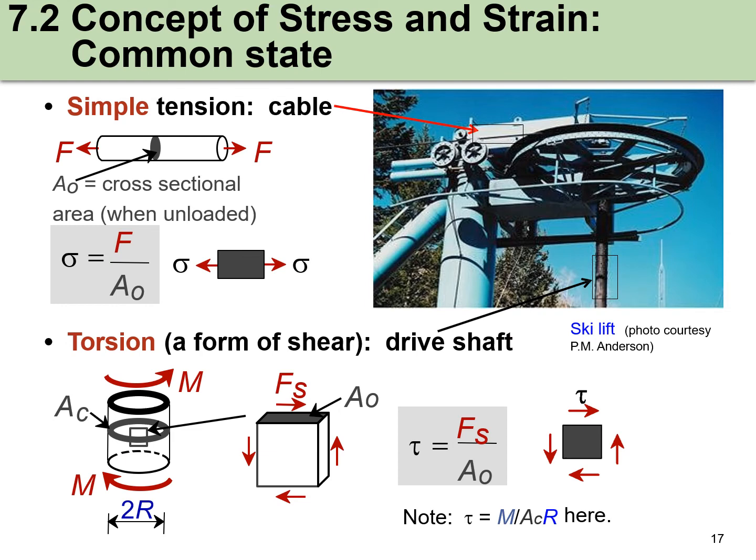You can see here the concepts of stress and strain, which is the common state, where the principle of stress and strain is used in our daily routine. This is a simple tension example: the cable we use here in order to pull the belt. And torsion, a form of shear, as in a drive shaft, is a combination of the two types of stress and strain.